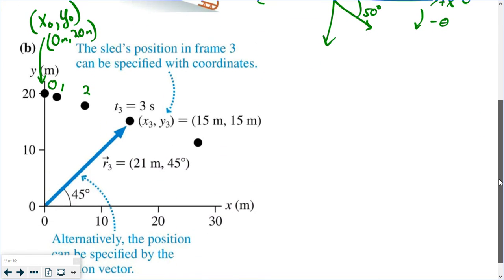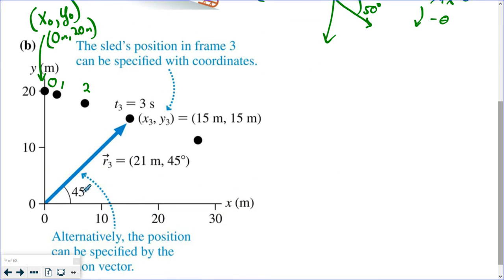So you're going to see on these diagrams here, we have a 45-degree angle, and it's measured from our x-axis upwards. This is a position vector, and that position can be described with coordinates, like 15 meters, comma, 15 meters, or it can be described by a vector, r3, being for point 3, and this little arrow above it means that it's a vector. It has a magnitude and direction.